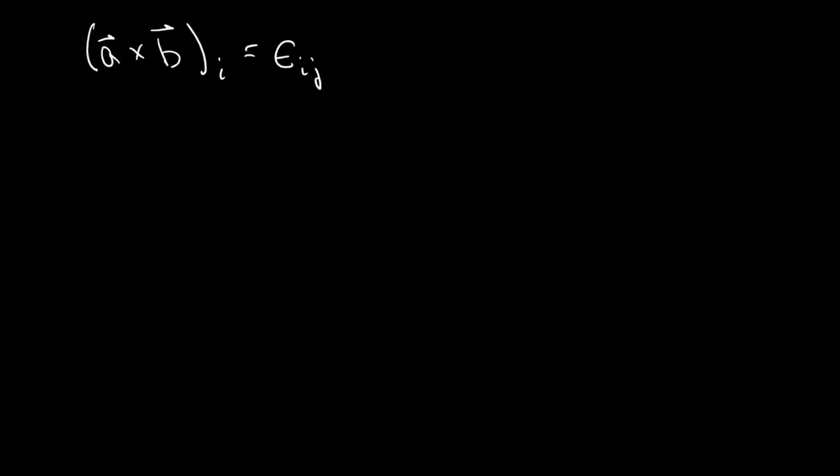This is going to be something like epsilon ijk, A sub j, B sub k. And I'll just give this at the end of the day some label v. It's just some vector.